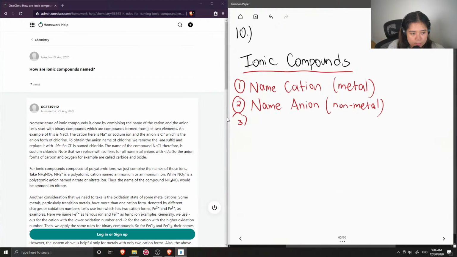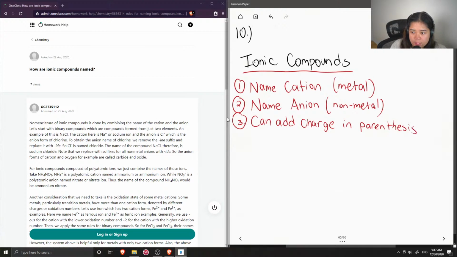And then this is depending on if you have a metal that can have multiple oxidation numbers. You can add the charge in parentheses. Yeah, so this depends on the type of metal that you have, but we can have an example.